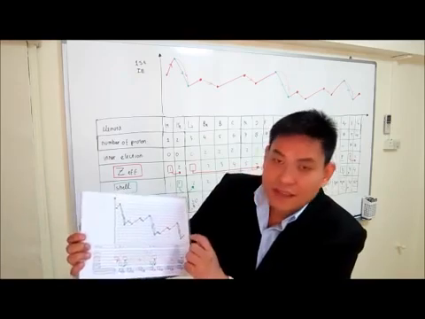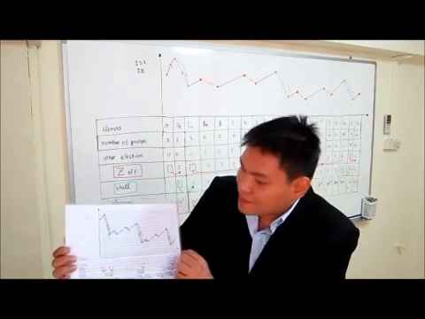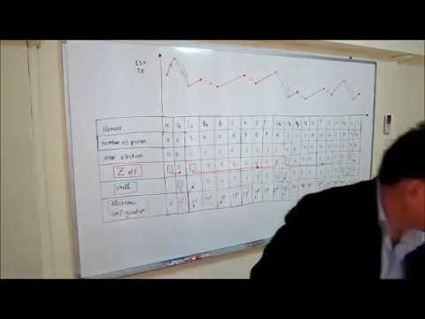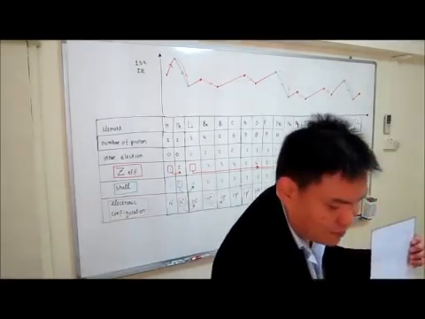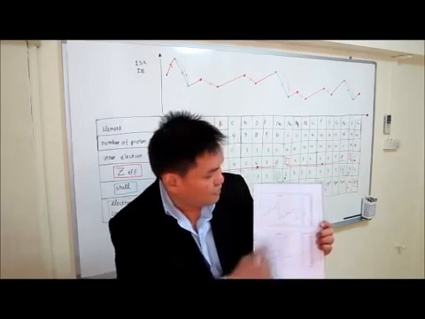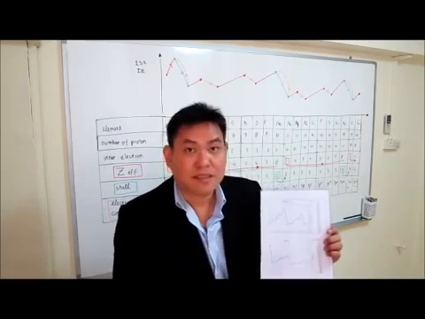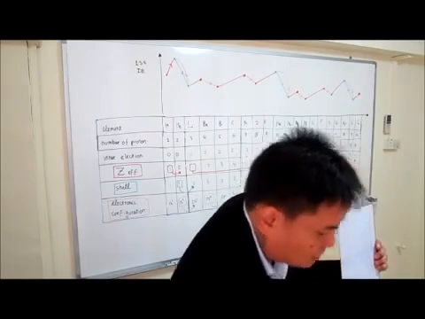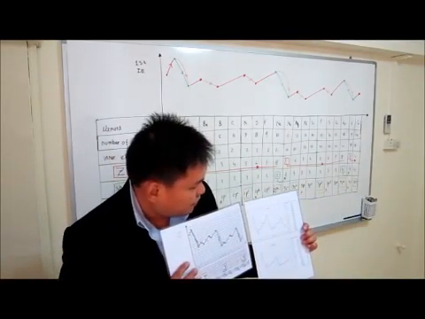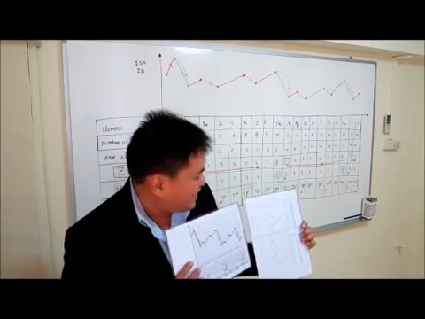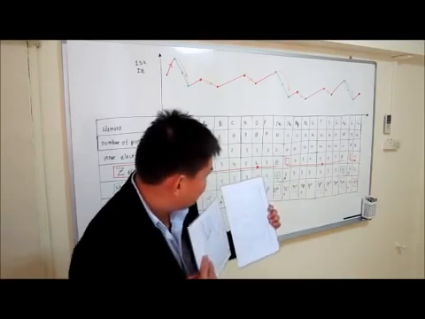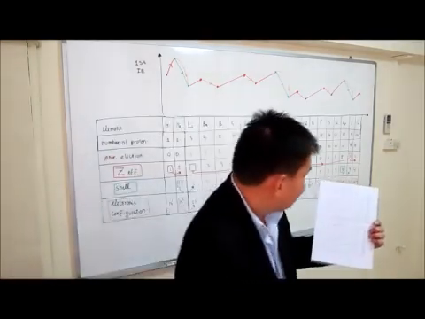This is posted on the website also, singaporestudent.com. The correct one is of course from the computer generated graph like this. So this is the first IE, so it looks quite similar. Of course, you can't expect it to be 100% correct, but for sketching purpose, this is correct, right?